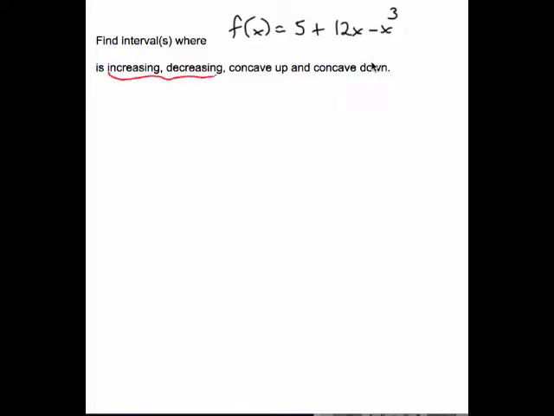So we're going to begin with increasing and decreasing because that relates to the first derivative. The first derivative would be 12 minus 3x squared. And when the derivative is positive or negative, the function is increasing or decreasing. So if I find out when it's 0, that would be a possible transition point between increasing and decreasing.